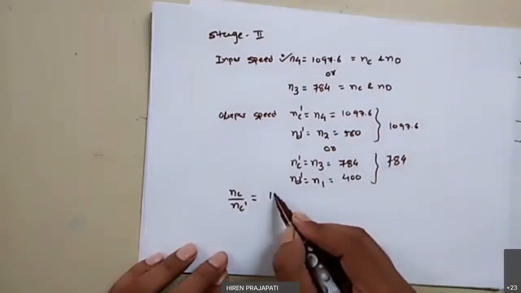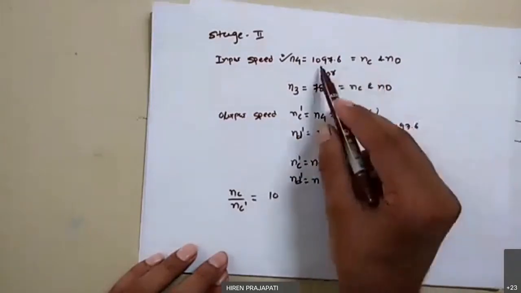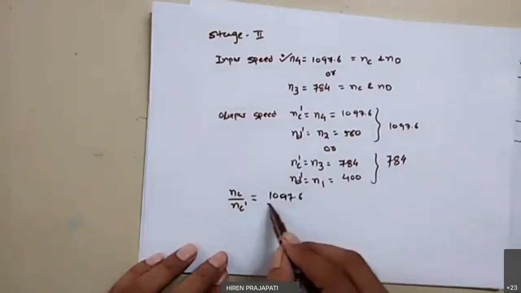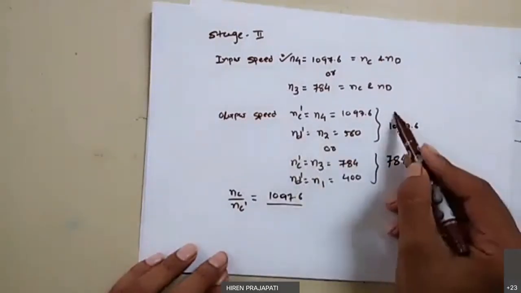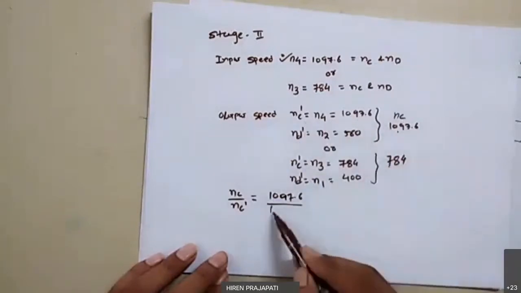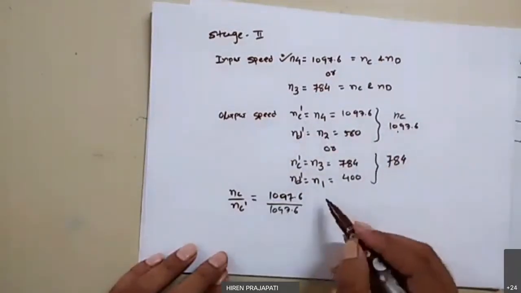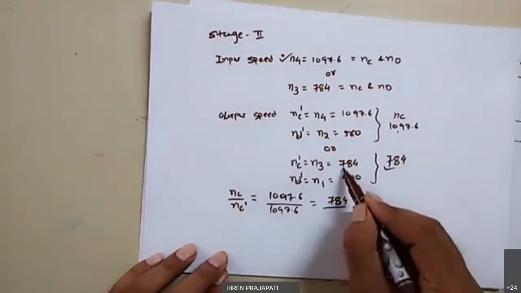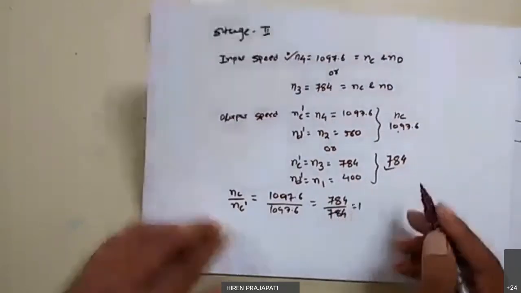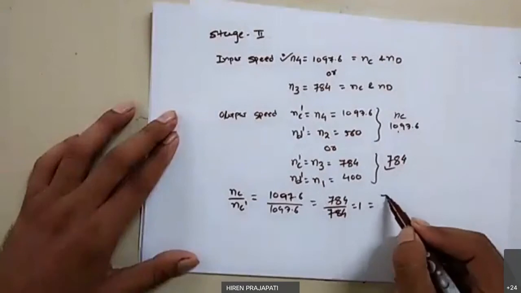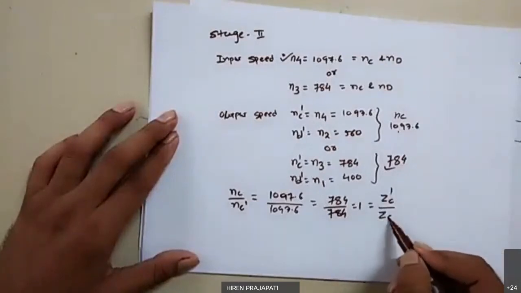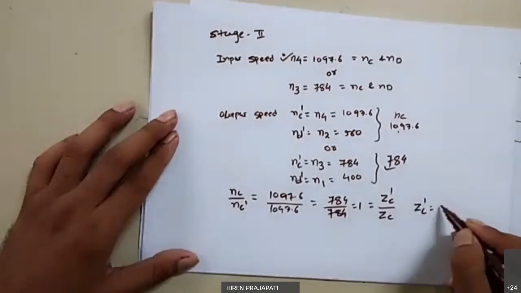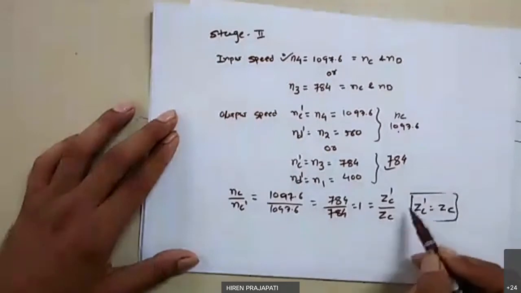If you take NC as 1097.6, divided by NC dash, or if you take NC as 784, then NC dash is also 784. In both cases you get 1, right? Now if we call this the number of teeth ratio, then ZC dash by ZC, so we can say ZC dash is equal to ZC. This is our first equation.